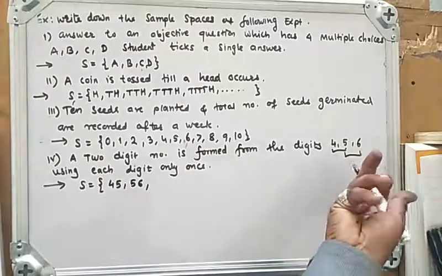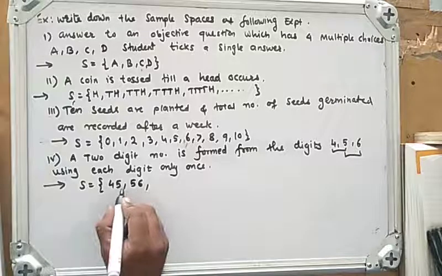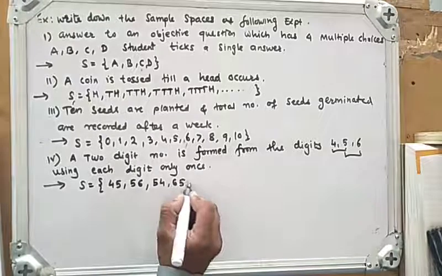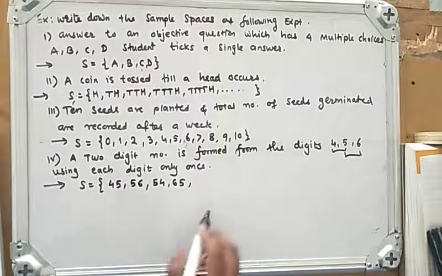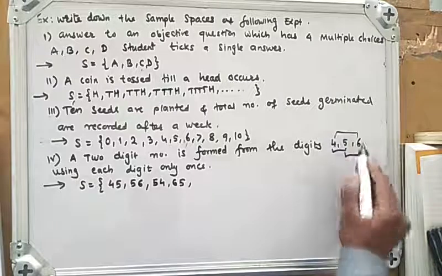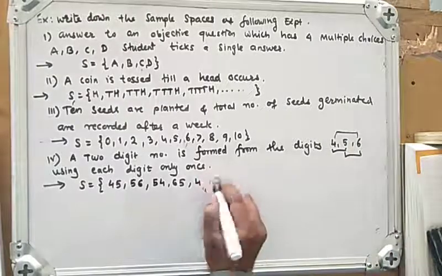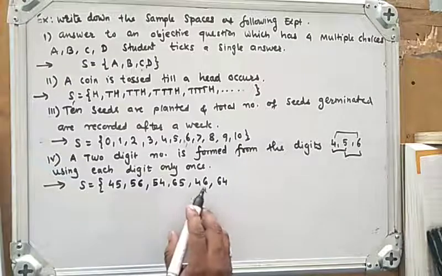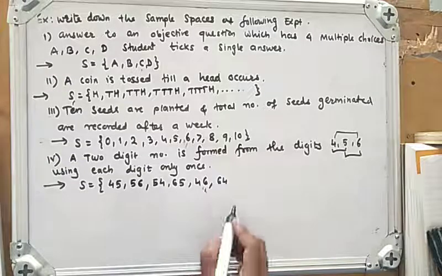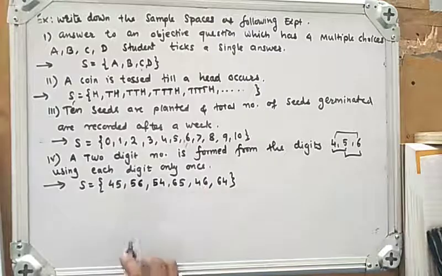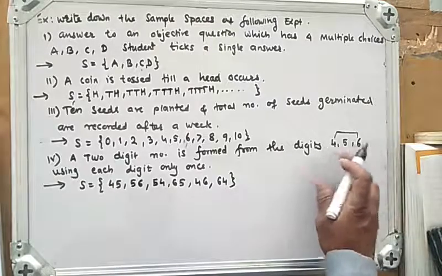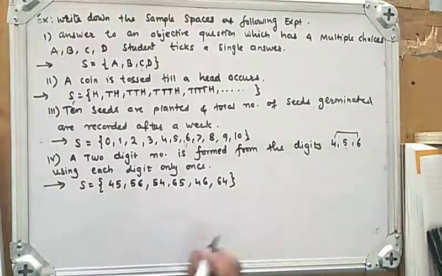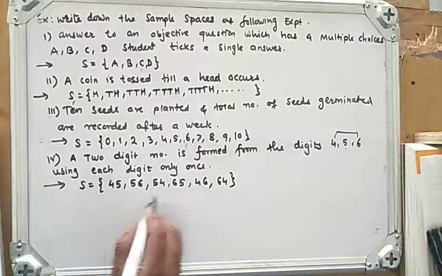Next I write 46, and then I replace it as 64. So 1, 2, 3, 4, 5, 6. In total there are 6 elements, 6 sample points, from the digits 4, 5, 6, which can be used only once.